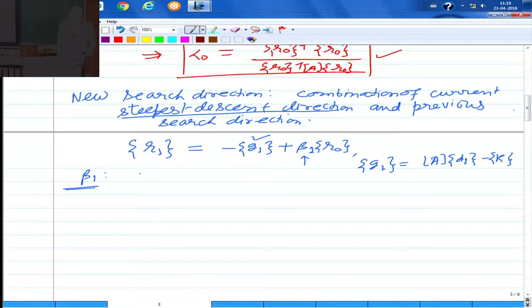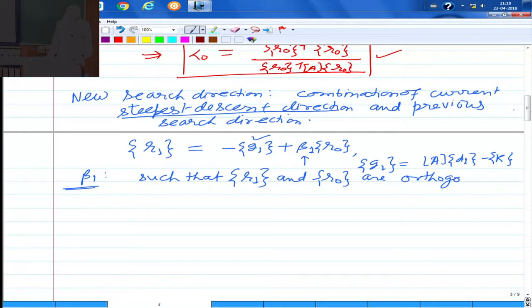So we find beta 1 such that R1 and R0, the current and previous search directions, are orthogonal to each other with respect to matrix A.